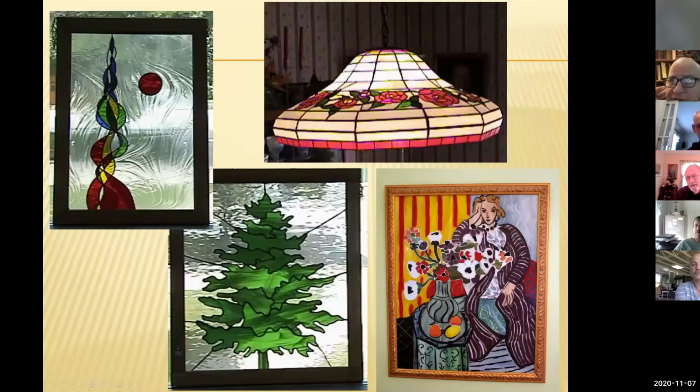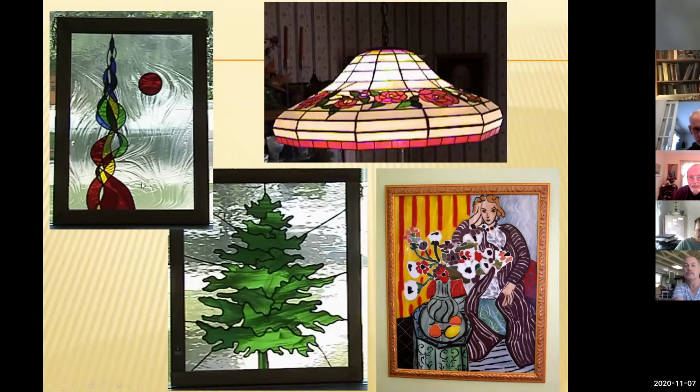Then I took some courses in stained glass, and I think this kind of was a stepping stone or set the seed for my segmented turning, because there are a lot of similarities between segmented wood turning and doing stained glass, where you're cutting small pieces very precisely and putting them together.